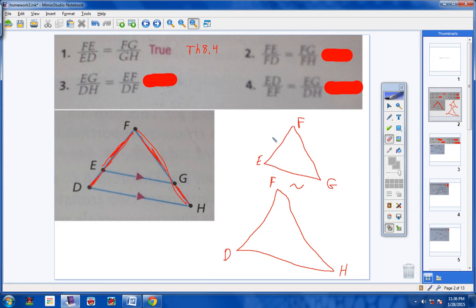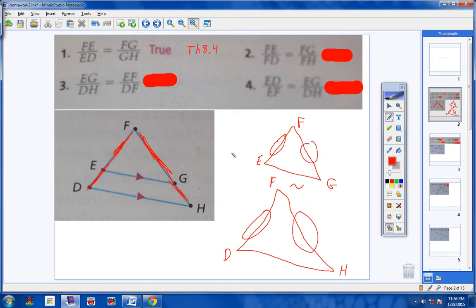Okay, number 2, right over here. Here we go. We have FE over FT. So FE over the entire line FT, and FG over the entire line FH. And of course that's right. I mean, that's saying this side here over this side here is equal to this side here over this side here.